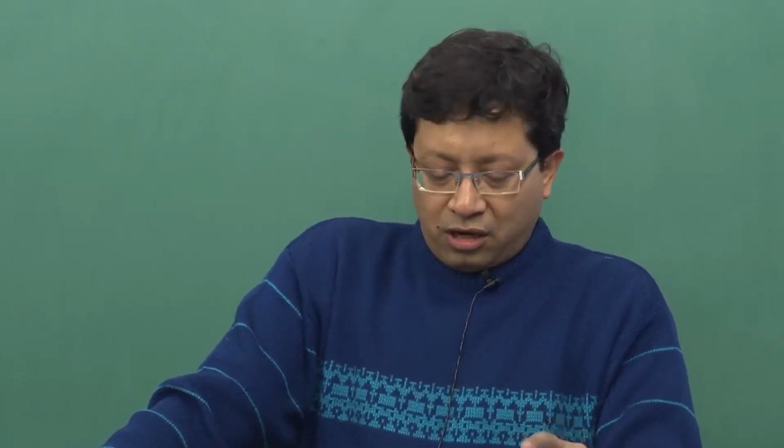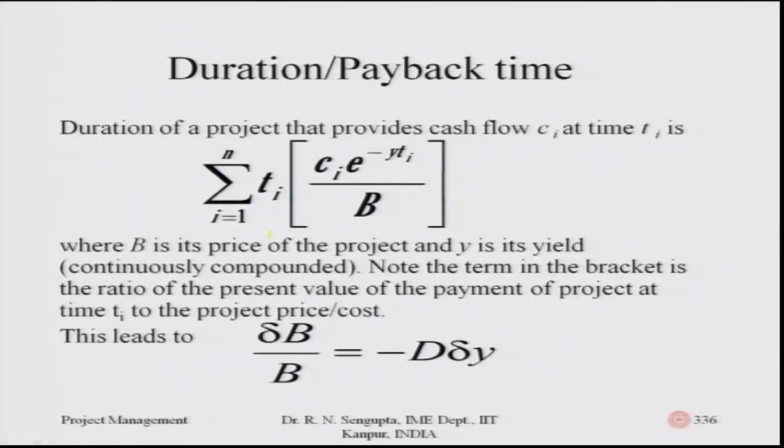So, let us concentrate on the term outside the bracket, which is Ti, and the term in the numerator inside the bracket. Inside the bracket, it is Ci multiplied by e to the power minus y Ti. This y is the yield, the continuous compounding yield which you have already discussed in the last class.